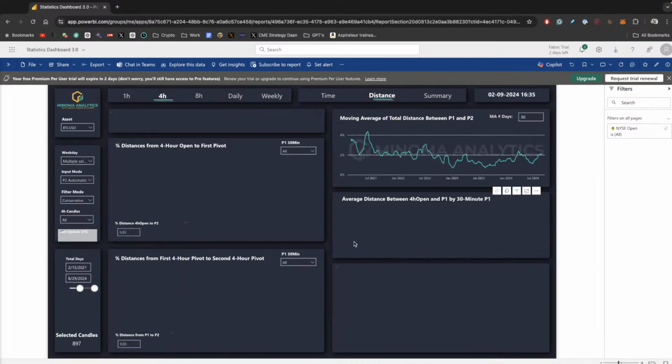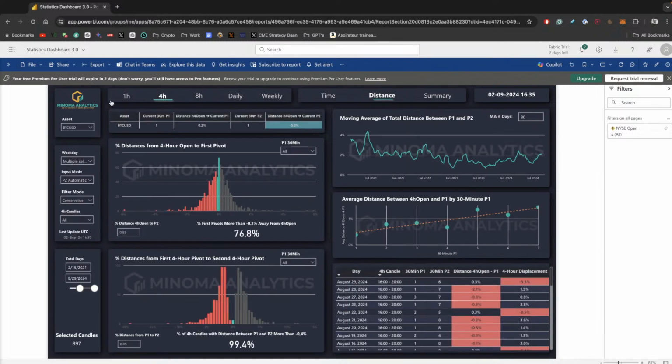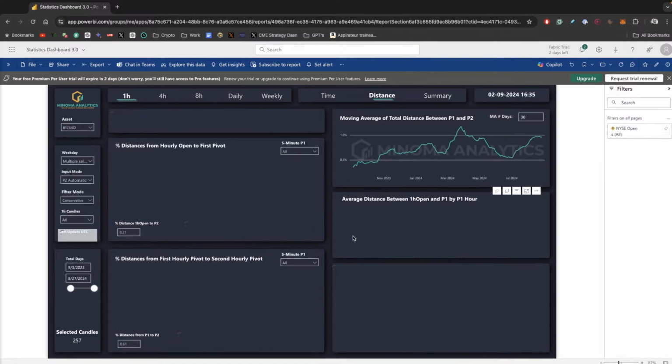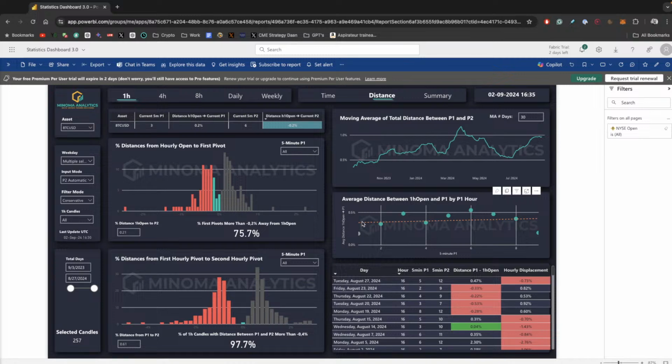First block gets filtered out. And 1 hour, same thing. The first 5 minutes get filtered out. And it's all for the same reason. You can see this one is now filtered out, because the first block always has the biggest difference in terms of distance. They usually get put in closer to the 4-hour open, 8-hour open, or 1-hour open. Plus, they have more or less 50% of the data.